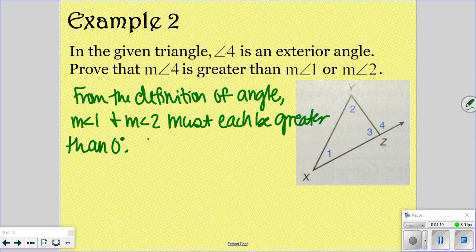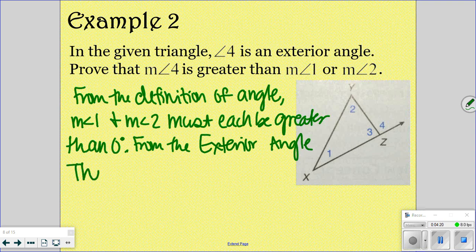From the exterior angle theorem, we know that the measure of angle 1 plus the measure of angle 2 is going to be equal to the measure of angle 4.